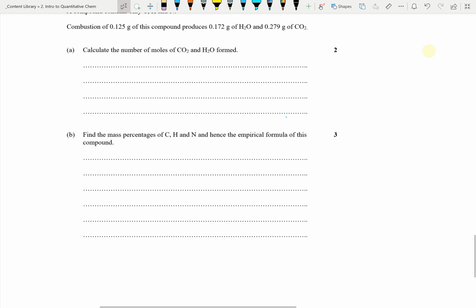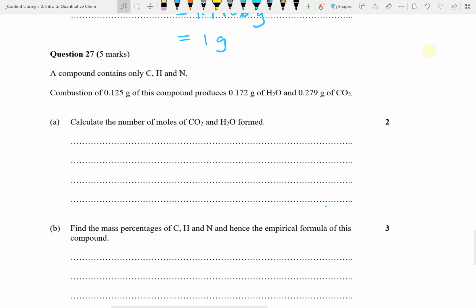All right, last question. A compound contains carbon, hydrogen, and nitrogen. Combustion of this compound produces that much water and that much carbon dioxide. Calculate the number of moles of carbon dioxide and water. Okay.